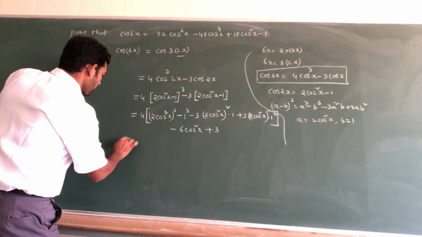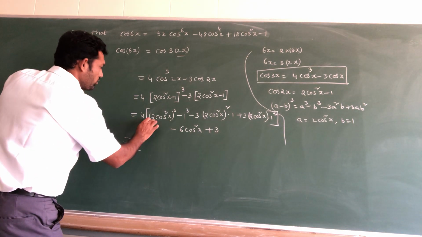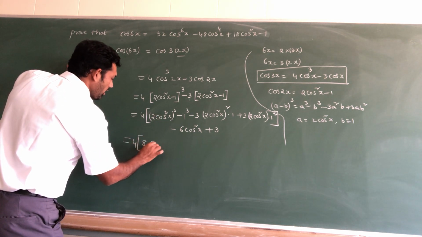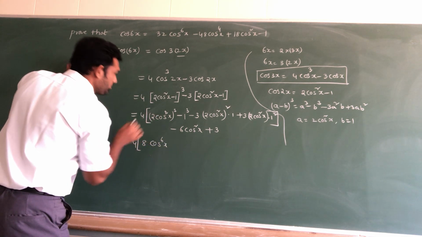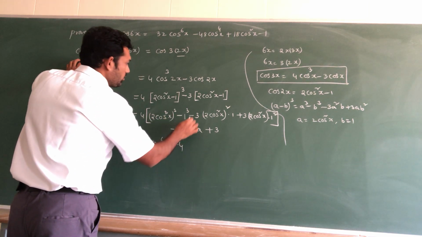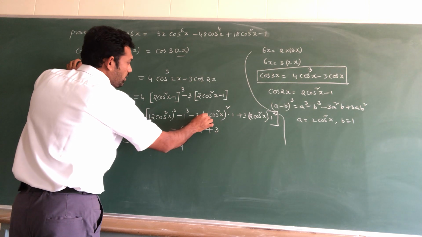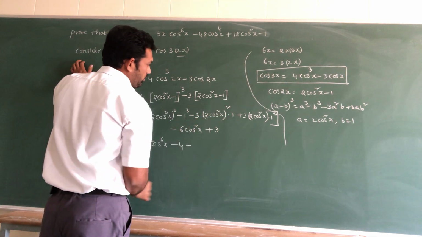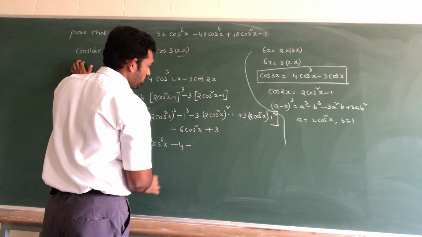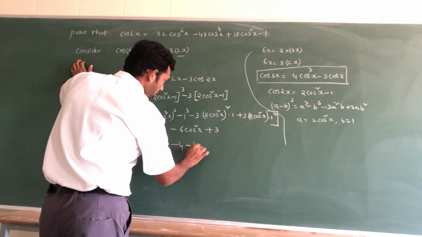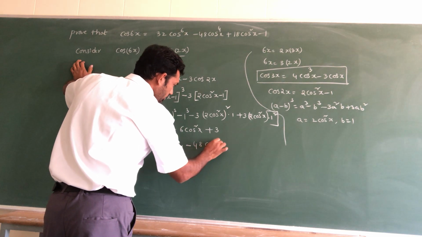Next, 4 times 2 cube, 8, so this is cos^6 x. Next, 4 is multiplied, minus; 2 square is 4, 4 into 3 is 12, 12 into 4 is 48 cos square x.